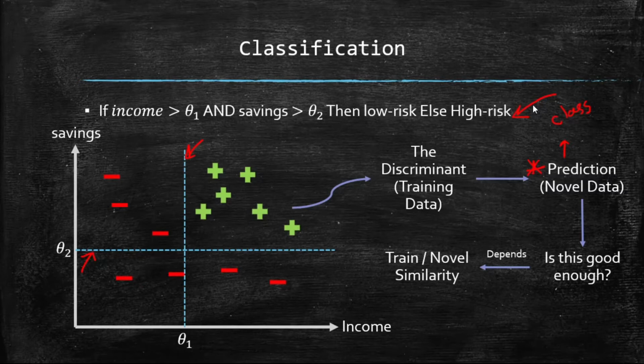It depends. It depends whether the training data that you have used has enough samples from both classes, right? You want to teach the machine about two different types of customers. So if you have enough examples or samples from both classes at hand, then you can hope that your machine has seen enough data from both classes to be able to classify unseen and novel data with good precision, right?